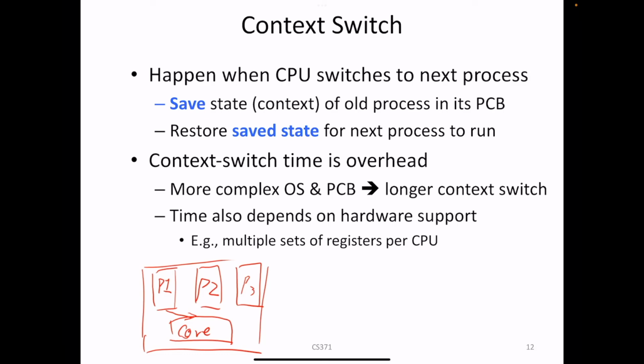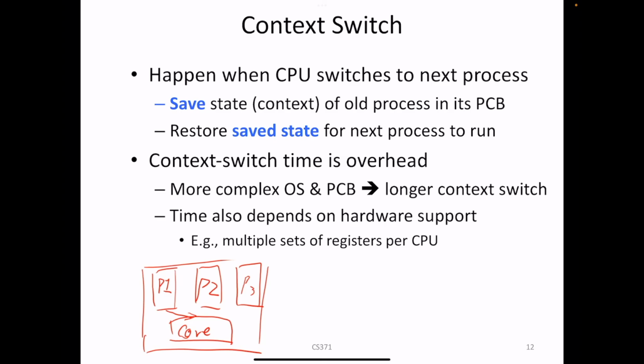So when process 1 is loaded into the CPU, we can save the state of process 1 in the first set of registers. When the context switch happens, we keep the state of process 1 in the first set of registers, and we put all the state of process 2 on the second set of registers, then execute process 2. Similarly for process 3.